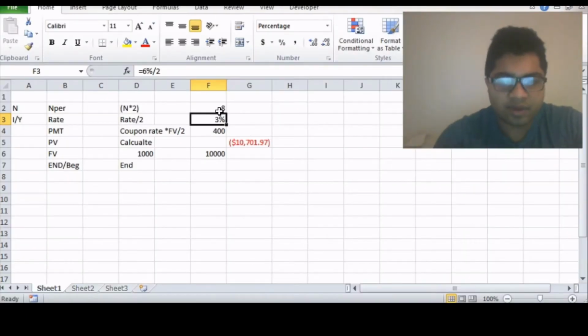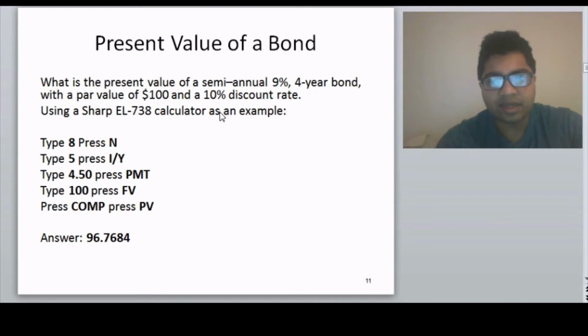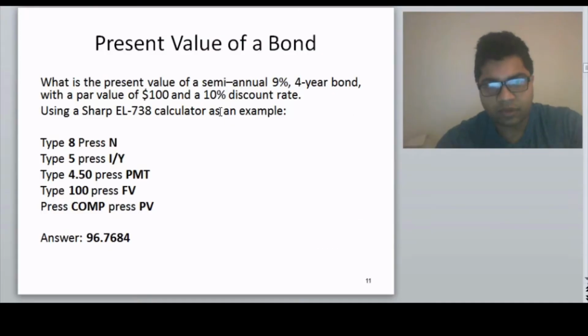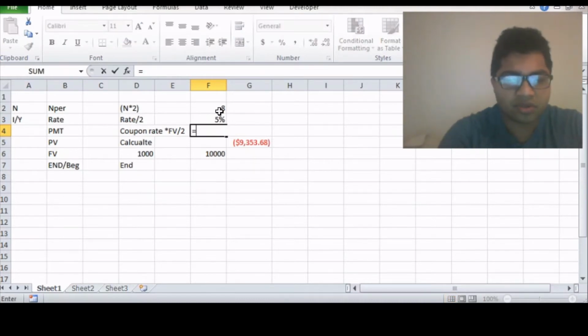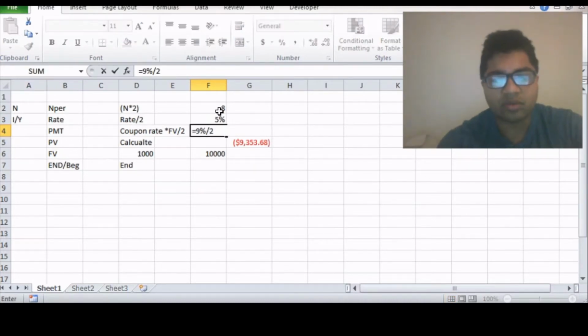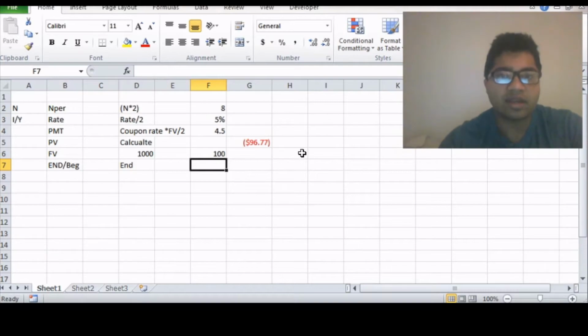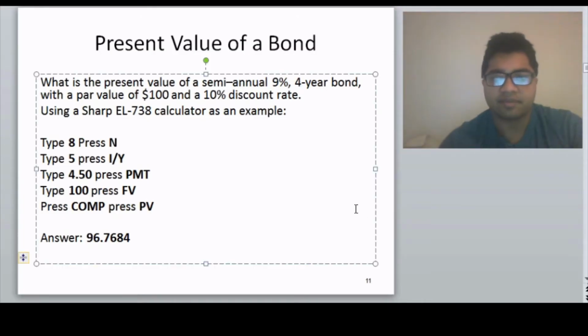Coupon rate will be 9%, and the discount rate will be 10% divided by 2. Par is 100, 9% is the coupon, so 9% divided by 2 multiplied by 100, and par value is 100. So if you calculate, the answer to this is 96.7.